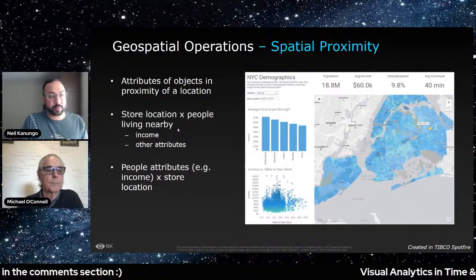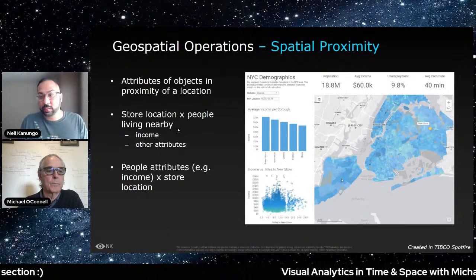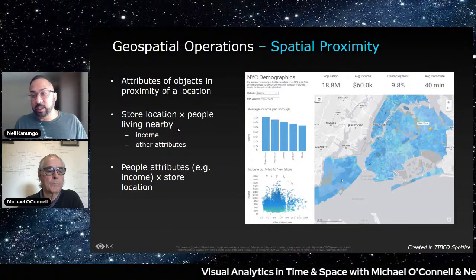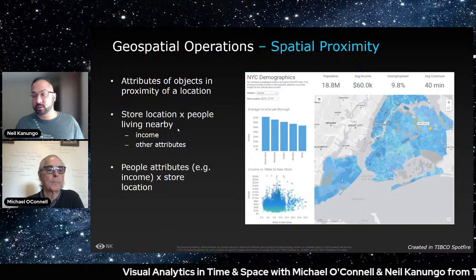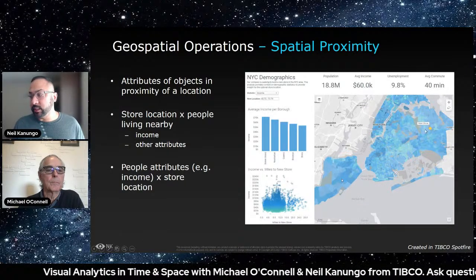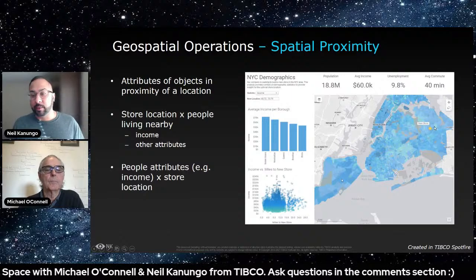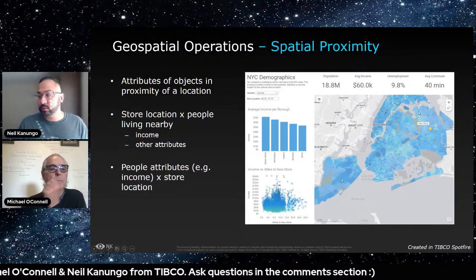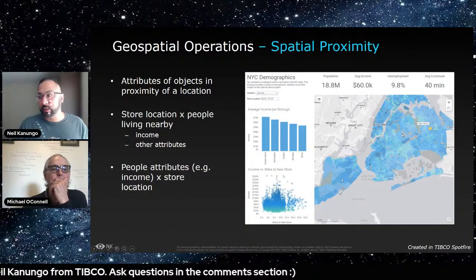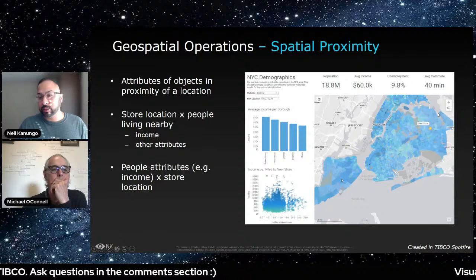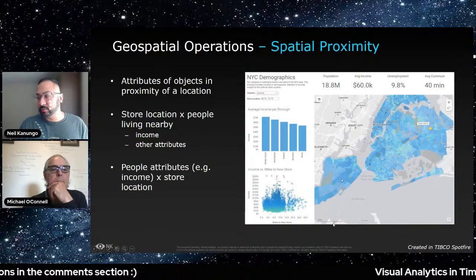The first example is actually spatial proximity. We're looking at this New York City demographics again, and this is a proximity to the store. The store is this yellow star right here. We want to filter our data down to who's nearest to that store, and then we want to see what income and other attributes there are.